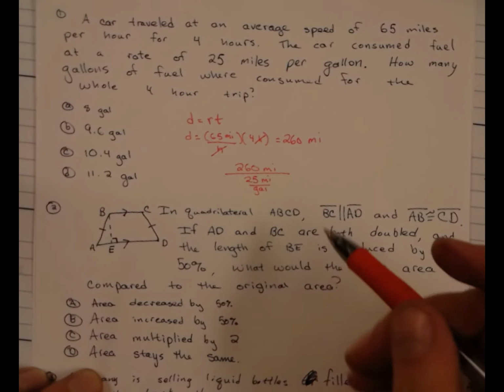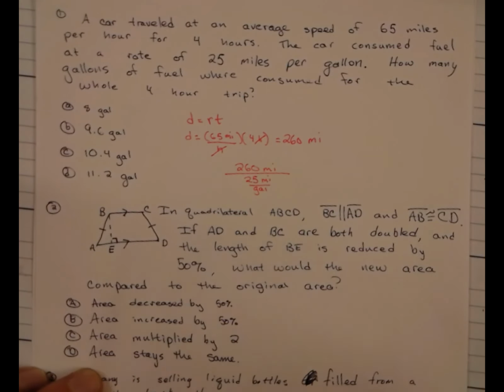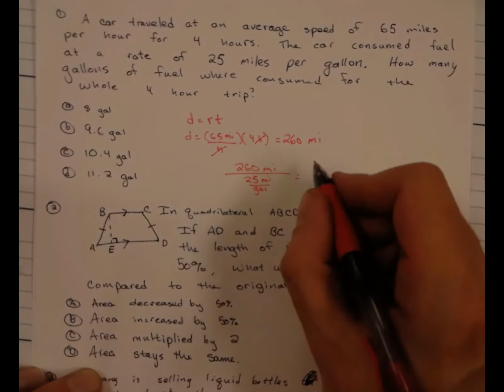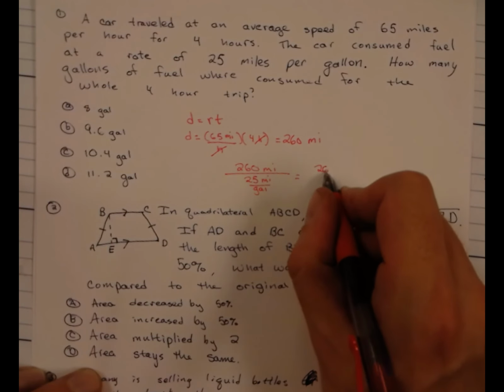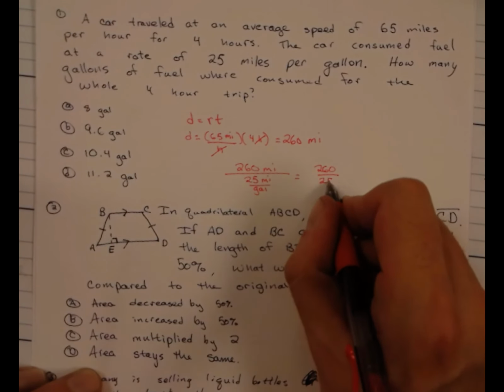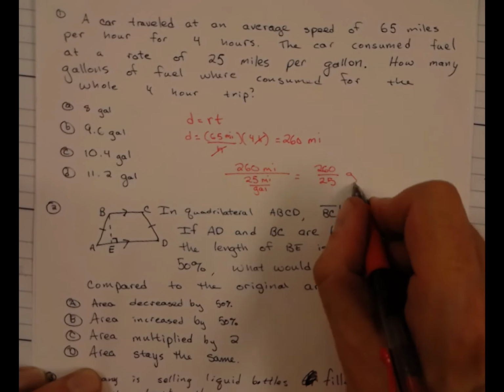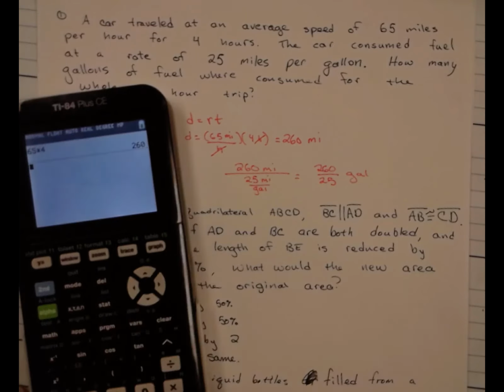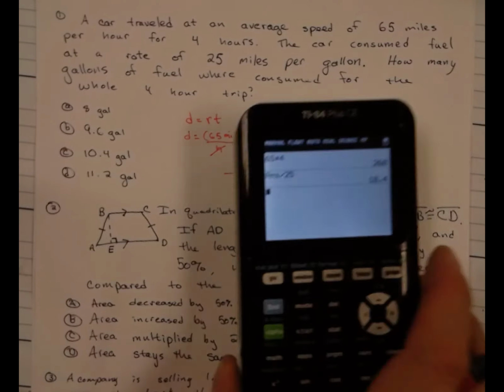And in terms of units, when we multiply the numerator by the reciprocal of the denominator, miles will cancel out, and this will end up in gallons. Ten point four gallons.